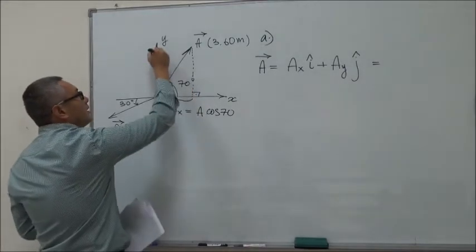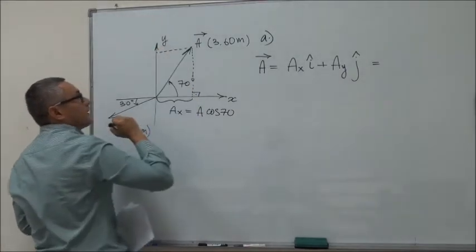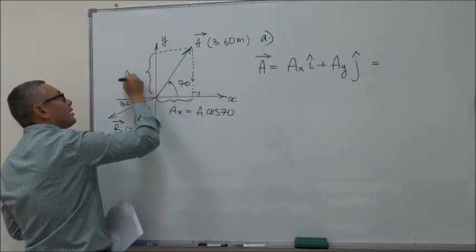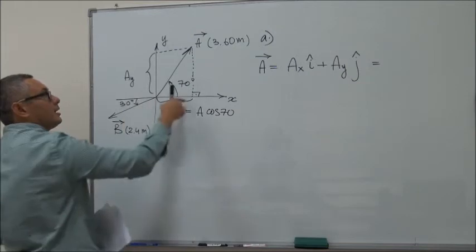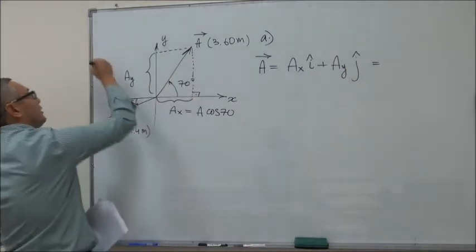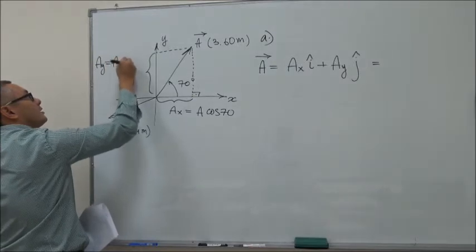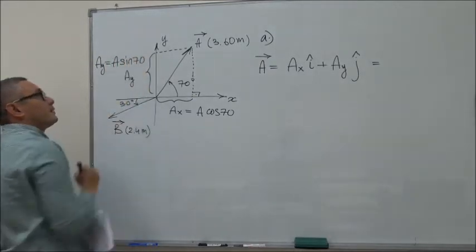Similarly, the projection of that vector on the y-axis gives us the Ay component of the vector. And again, by looking at this triangle, you can see that Ay is equal to A times sine of 70.